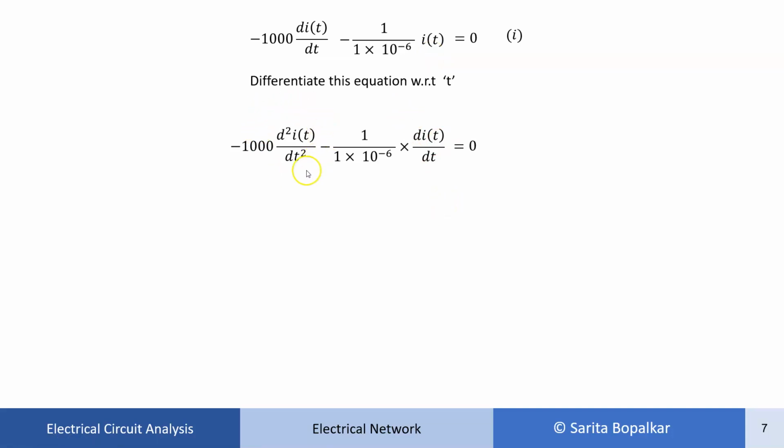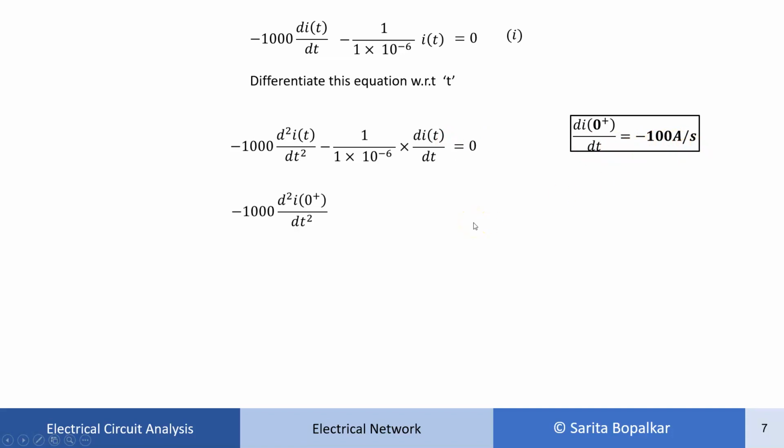We want d square I by dt square and that we got in this equation. So here we will put t is equal to 0 plus. We know di by dt at t is equal to 0 plus, which we calculated as minus 100 ampere per second. We'll put that.